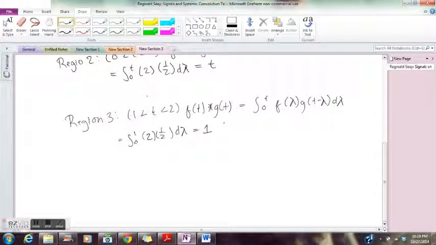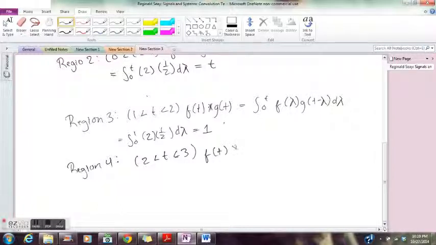Now we can move on to our region 4. For region 4, we have 2 less than t less than 3. Okay, just like before, guess what?